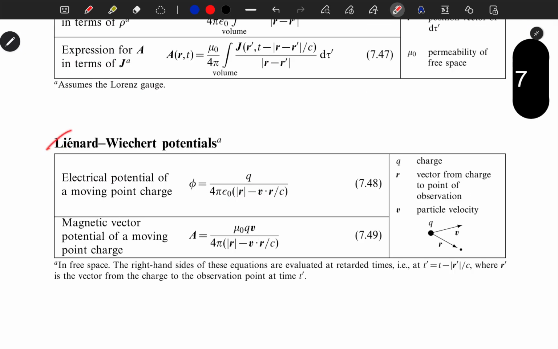For the Liénard-Wiechert potential, the electric potential of a moving charge: phi equals q by 4 pi epsilon 0 times 1 by (r minus r dot v by c). For the magnetic vector potential of a moving point charge: mu 0 by 4 pi times q v divided by (r minus r dot v by c). This is the magnetic vector potential.